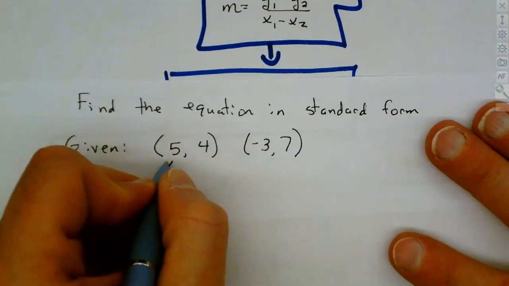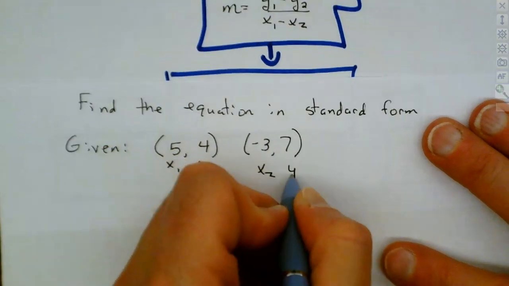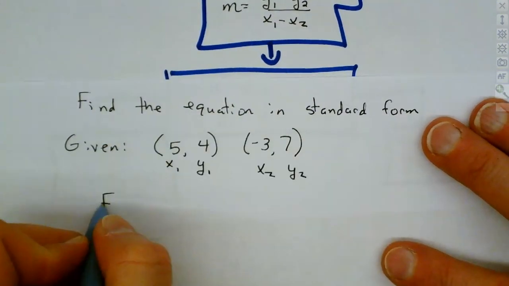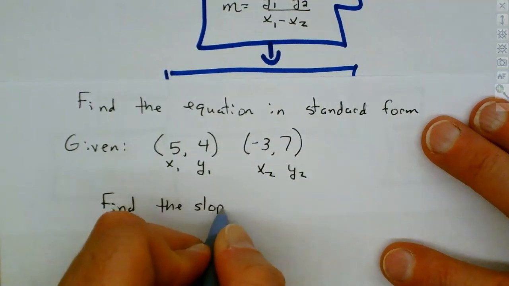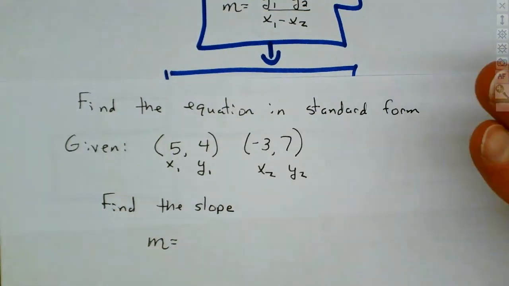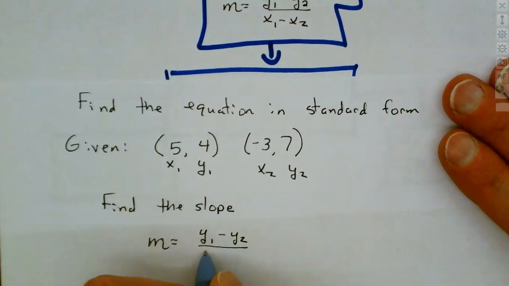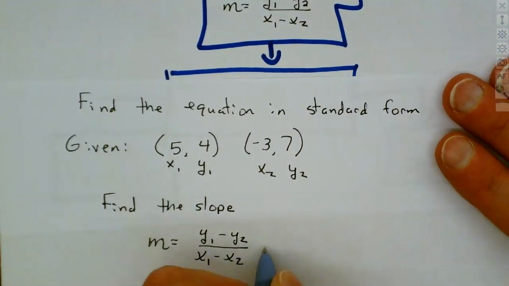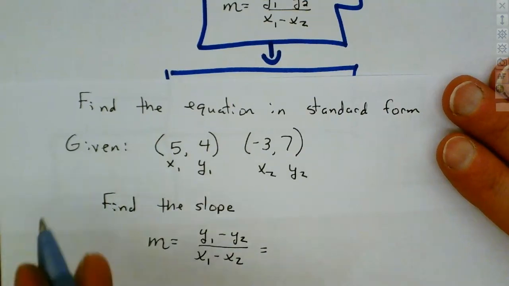So this is x1, and this is y1. This is x2, and this is y2. So we're going to find the slope. And that is m equals, write up our formula, y1 minus y2 over x1 minus x2. Filling them in. Watch out for double negatives if you have any.